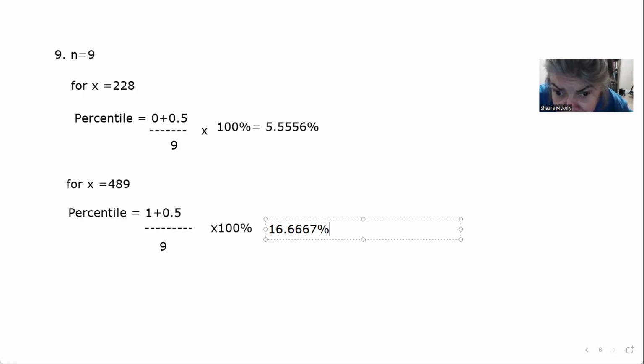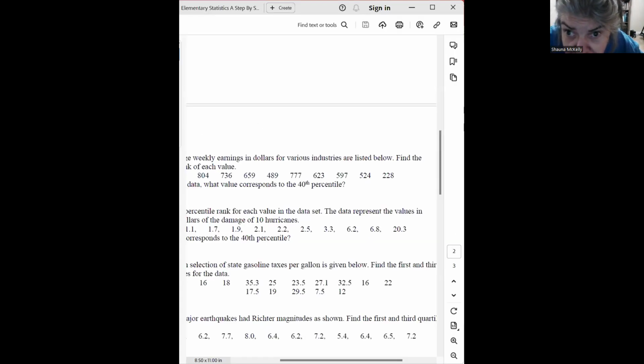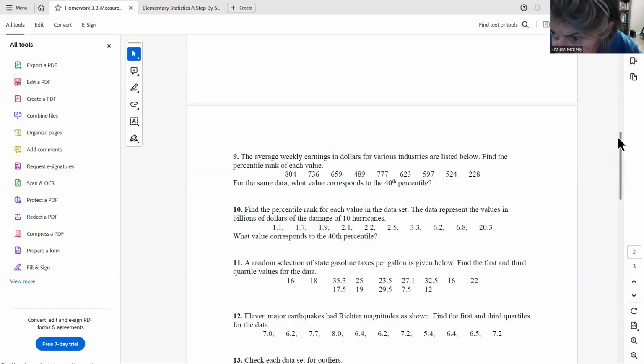So let me show you something. If we go to the homework, I'm going to minimize the calculator screen and maximize the homework for a second.